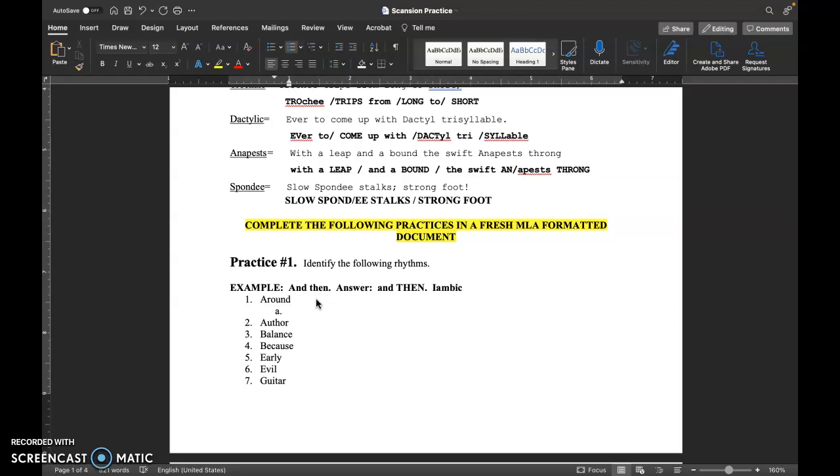Well, a is just a small little vowel sound. Round is much harsher. It's got those consonant sounds and you have to hit them pretty hard. So a is going to be soft, and then round is going to be harsh. Because of that, we know it's weak, strong. This is going to be iambic. And in the next one, "author," you've got two syllables, au-thor.